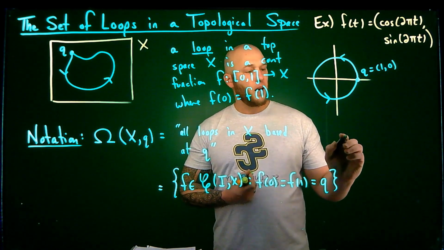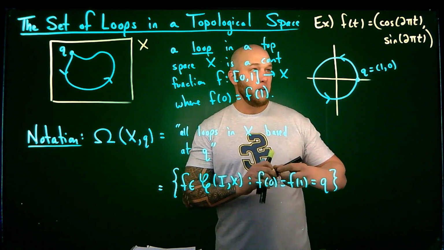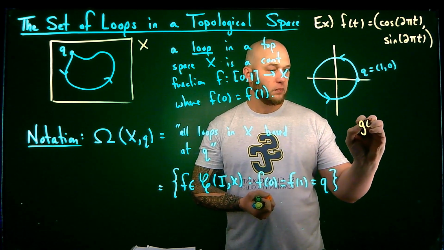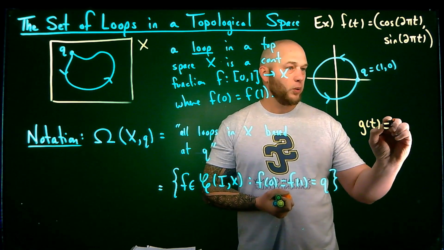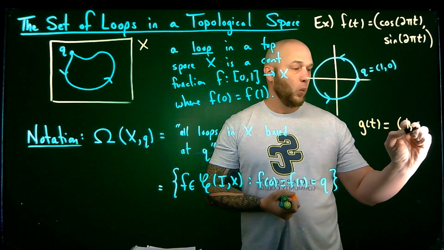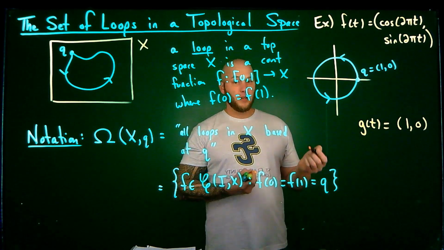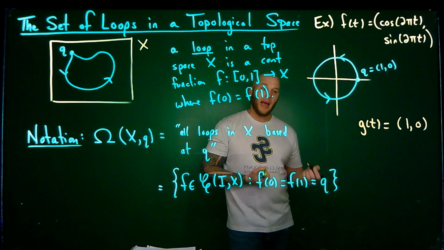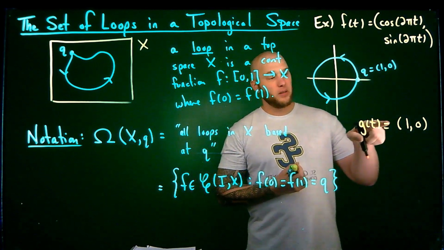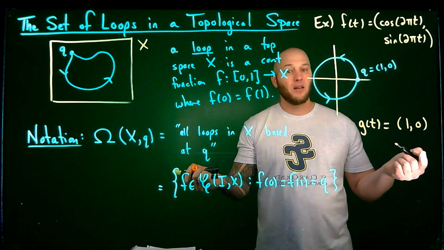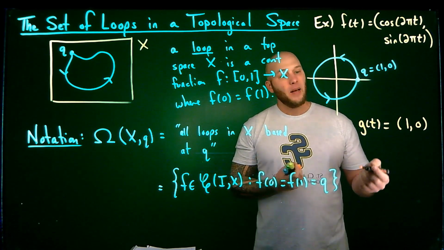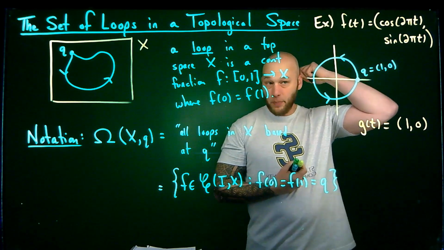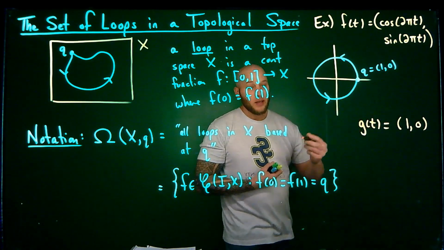Similarly, I could say that g(t), which is equal to simply the point (1, 0), is also technically a loop at that same base point, because this is a continuous function. It's a constant function, but it's a continuous function, again with the exact same base point as f.